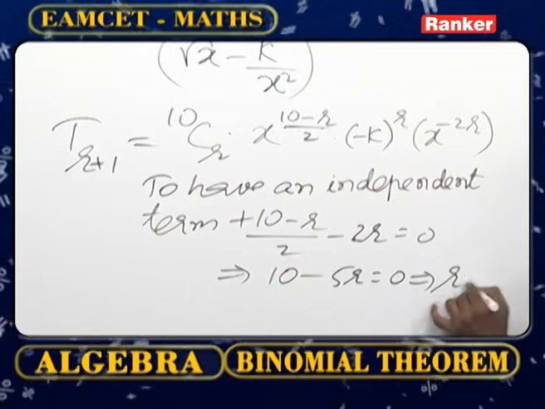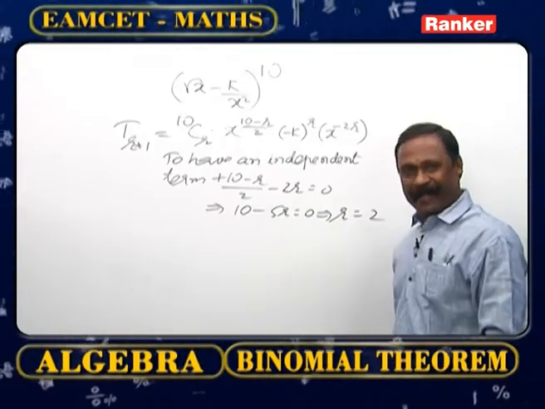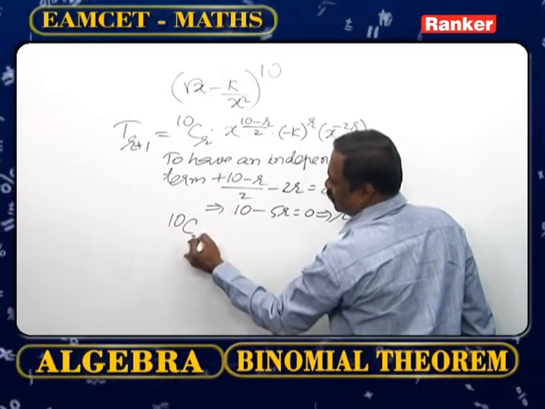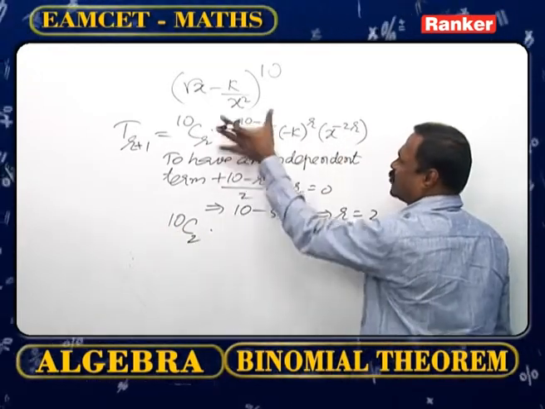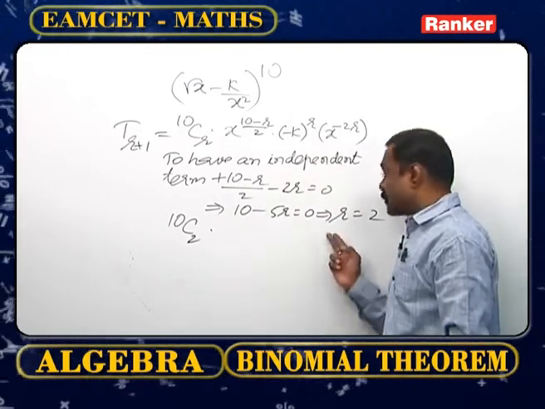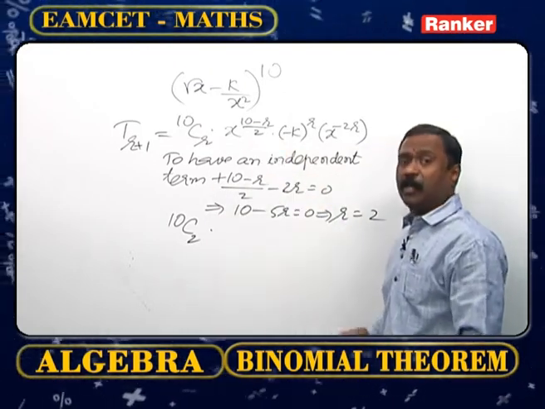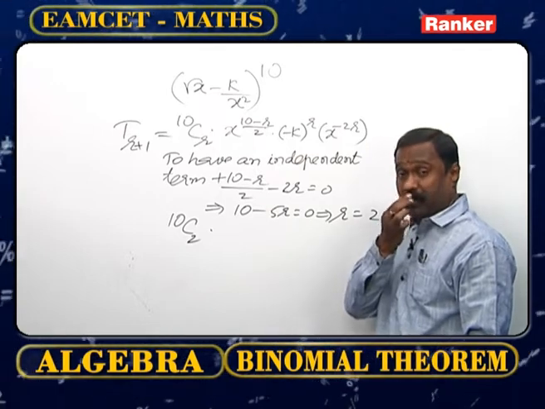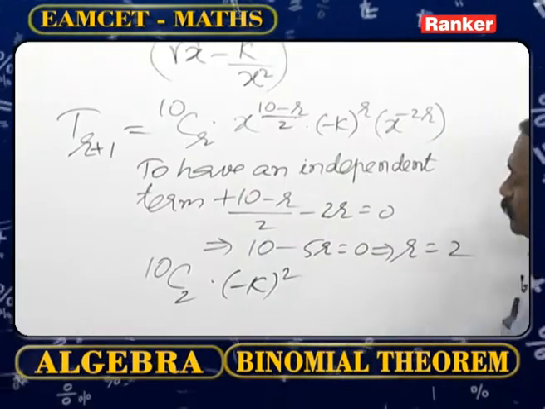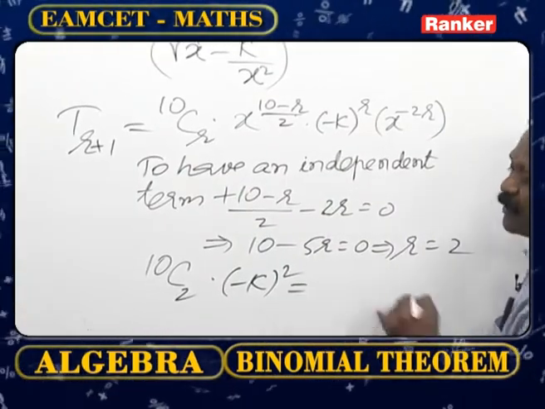So r is equal to 2. Now substitute that in this one: 10C2 into, you need not touch x here because we have fixed its power as 0. Even if you substitute r here, you will be getting x power 0 only. So (minus k) whole power 2.